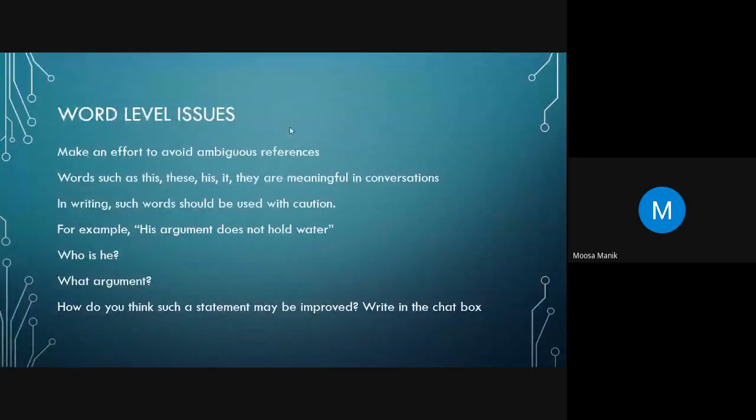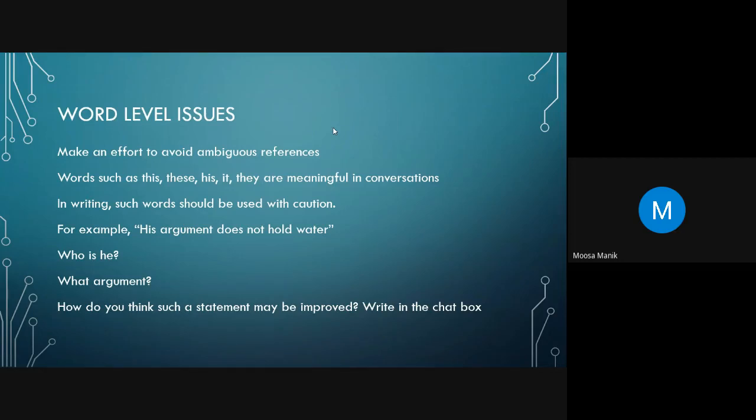Okay, word level issues. Some words may be very good when we are speaking to one another, but some of those words may not be that clear when you put them in your assignment.